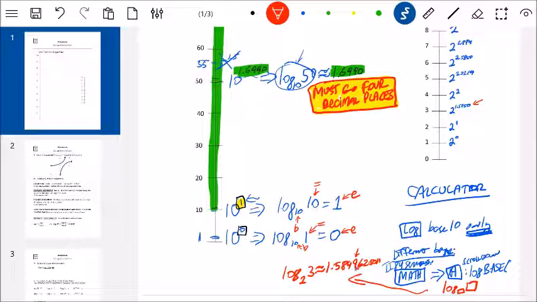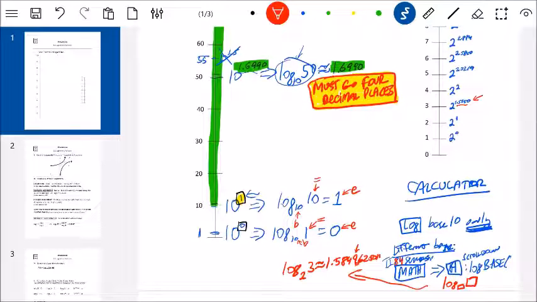Well, the 6 rounds the 9 to a 10, and then that means we add 1 to the 4 to make it 5. That's why we have the number 1.5850, because the 49, because of the 6, rounds up to 50. Okay, and that's what you can do if you have the TI-84 series. Okay, there is another way to do it if you have a calculator that doesn't have this command, and I'll show you that in a moment.